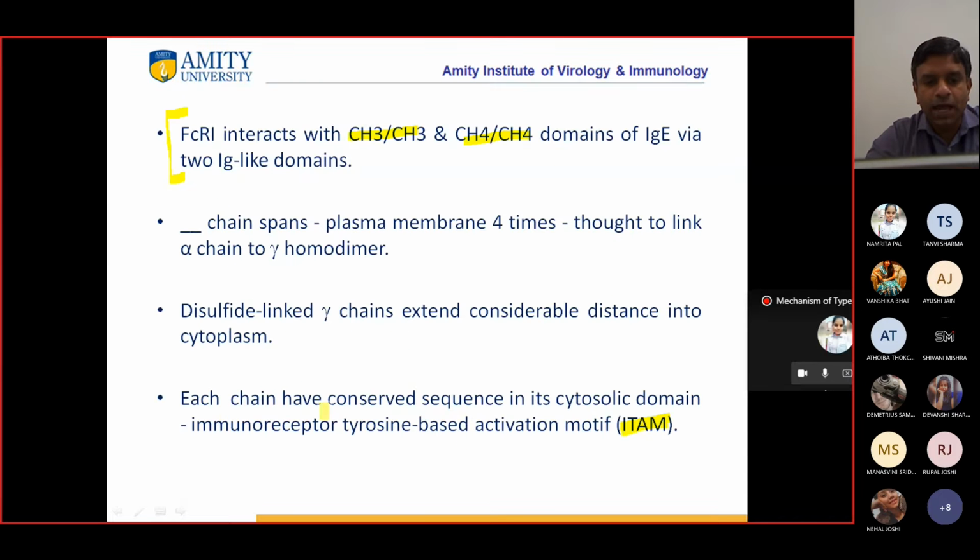So each chain has a conserved sequence in the cytosolic domain, and this sequence is called the immunoreceptor tyrosine based activation motif.